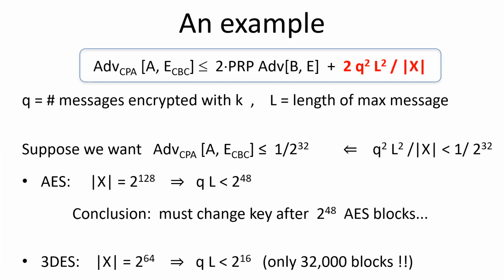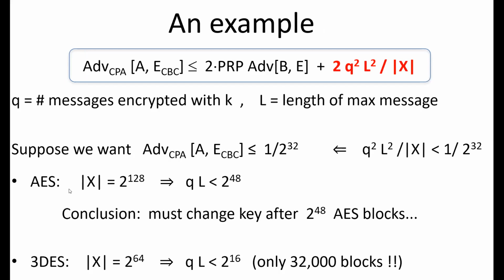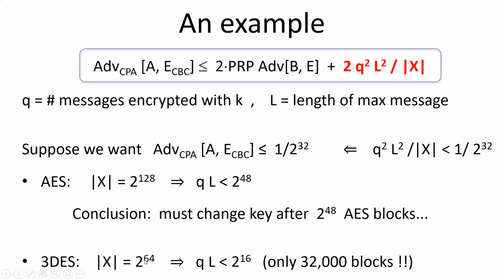When you instantiate it with DES, this is now not 2 to the 128, but 2 to the 64. I move it to this side, I get 2 to the 32, right? 64 minus 32.